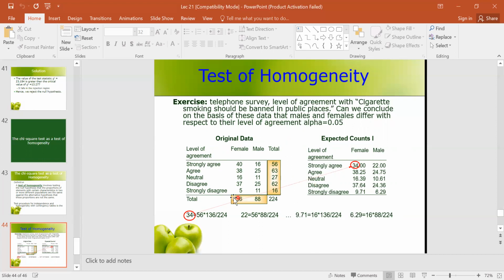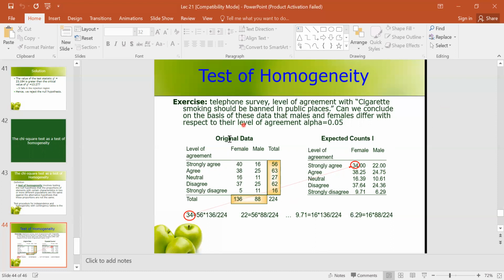We can calculate the expected count by multiplying the row total by the column total and dividing by the total number of observations. So we get the first expected count 34, and similarly if we multiply 88 by 56 divided by 224, we get the male count of 22 expected.